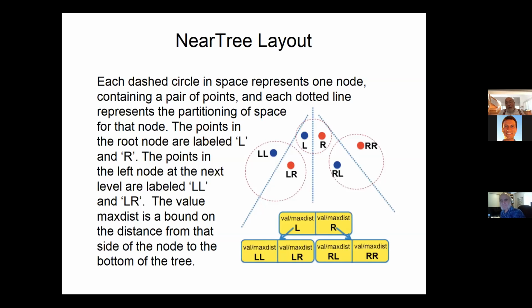There's a problem here, however, and that is that the very, very useful search parameter, the maximum distance, makes deleting a node very expensive. So what we do right now, the latest version of NearTree doesn't actually delete nodes. It maintains a Boolean which says whether a node should be deleted to maintain the structure.